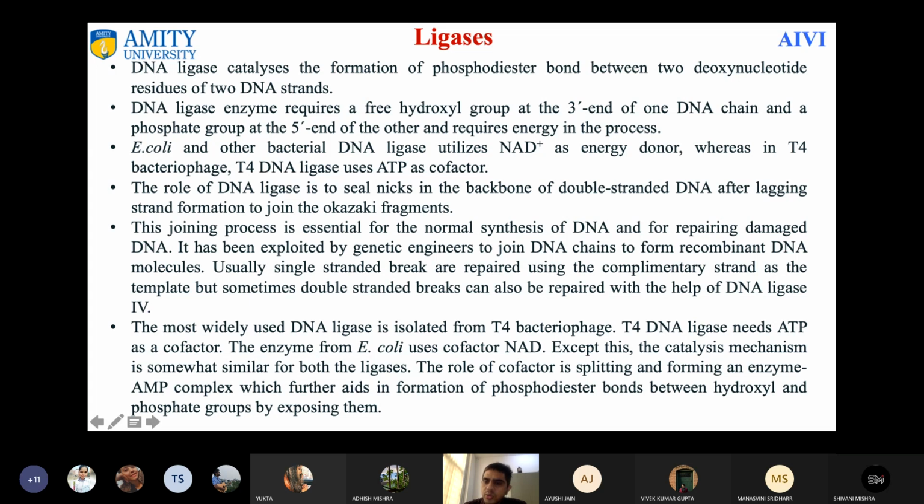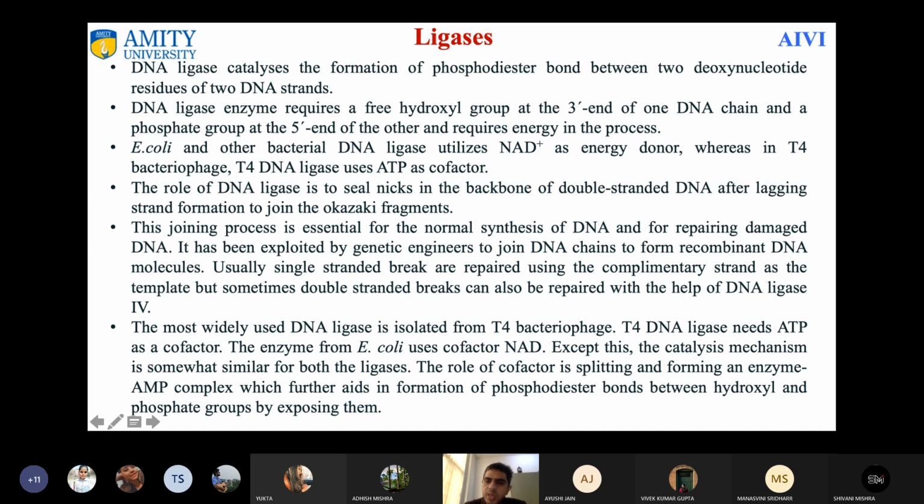Okay, so what are they going to use them for? They are going to utilize them for the energy. Except for these, the catalysis mechanism is going to be similar for both the ligases. So only the requirement is going to be different. So the requirement depending on what source you are going to get may differ, but the process is going to be more or less similar.